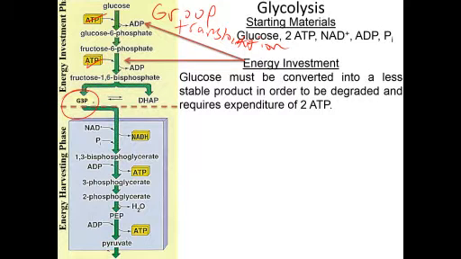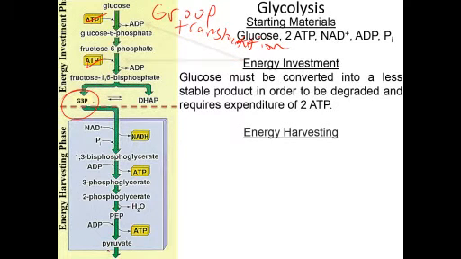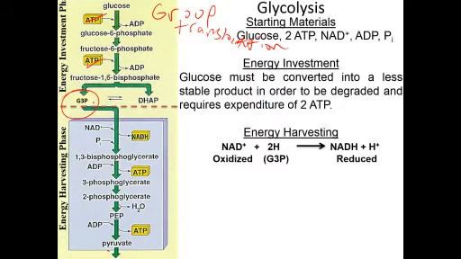Now once you've produced this G3P molecule, 2 of them from 1 molecule of glucose, you're ready to enter the energy harvesting phase. In the energy harvesting phase, this G3P molecule enters, and electrons are transferred from G3P to your electron carrier molecule, NAD+.